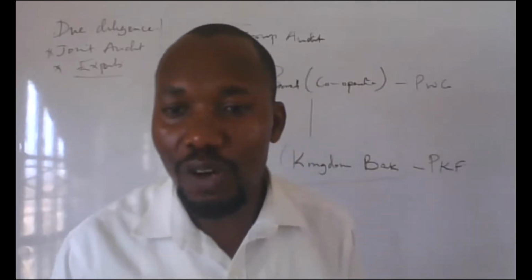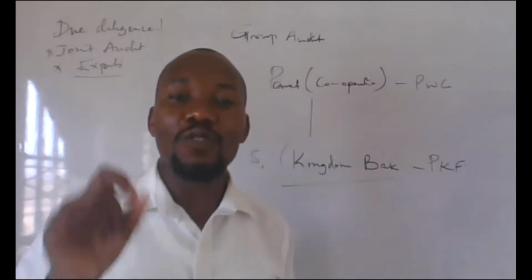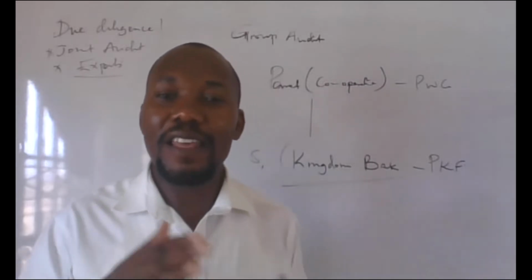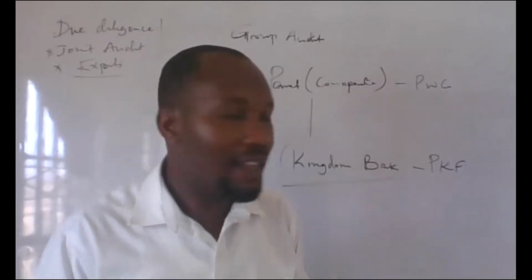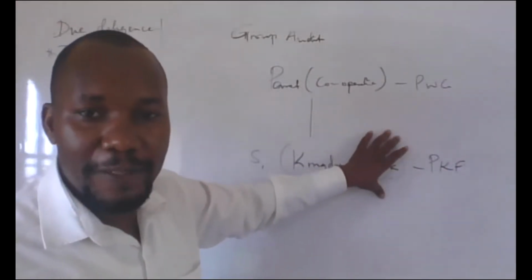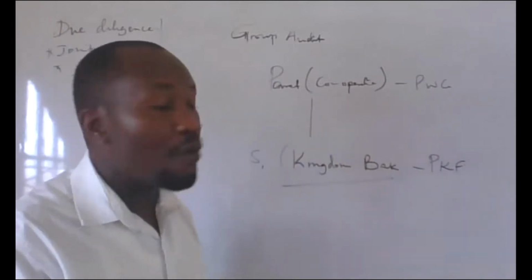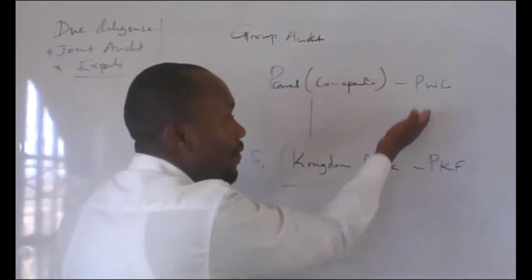Is joint audit and group audit the same? Joint audit and group audit, in fact, they can actually find themselves together. When you are looking at this and this separately, it is group audit. But it's normally coming together when these guys fear, they have seen the risk.